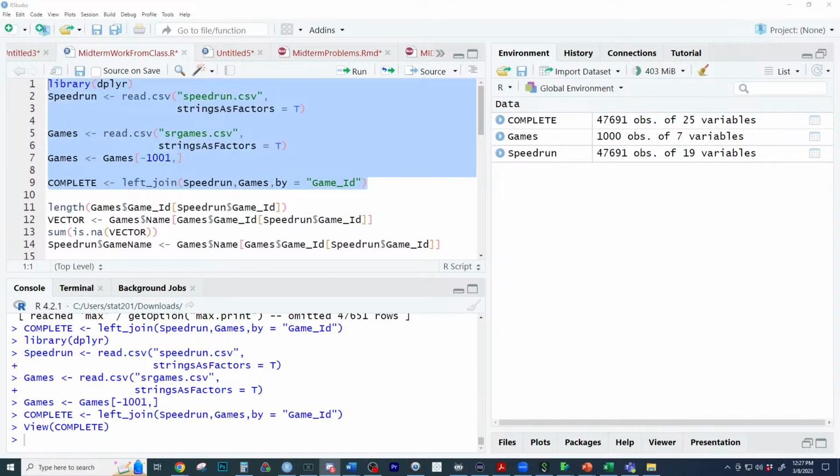Let me go to message 320 and unpin the message. And found it. There was an extra row in games. This was causing tons of issues. Removing it makes the left join work perfectly.